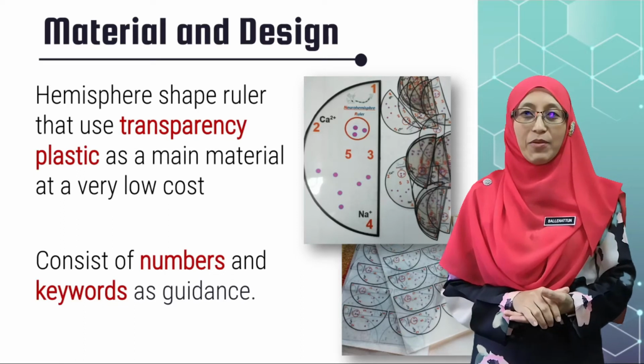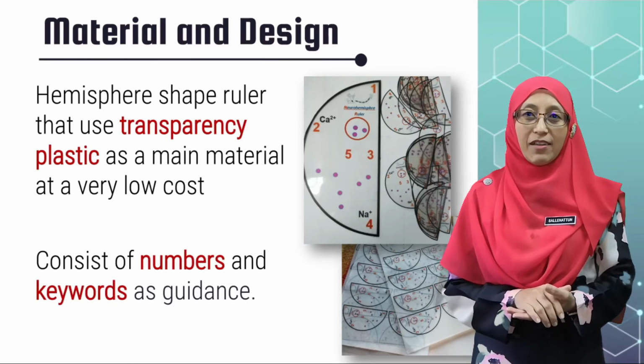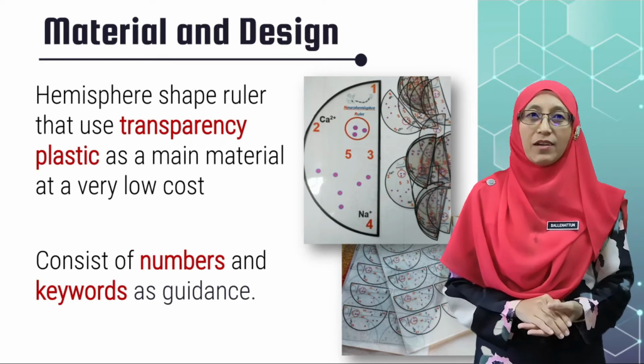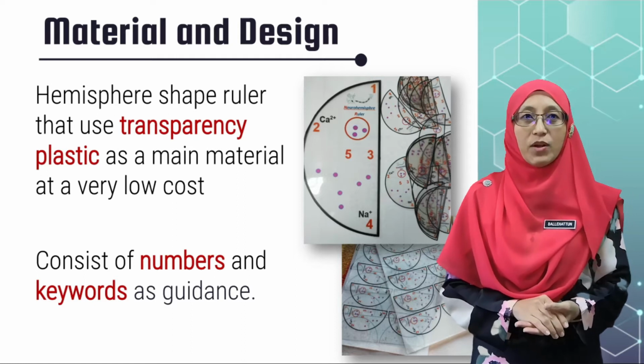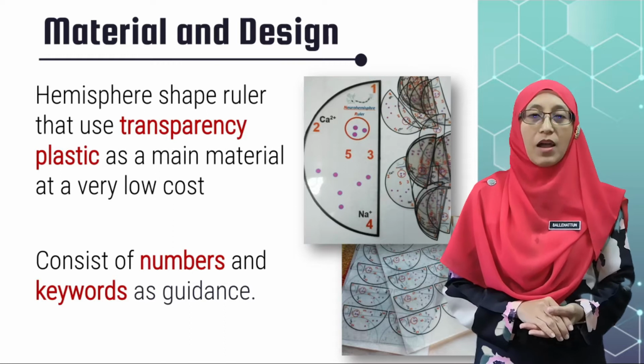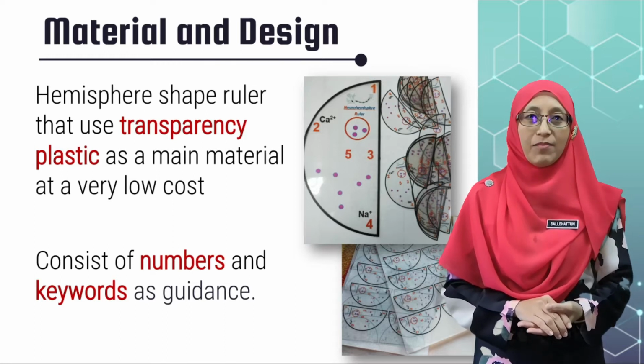The NEUROHEMISPHERE ruler is a hemisphere-shaped ruler that is created using transparent plastic as the main material. It consists of numbers and the keywords DOE, BODR as guidance.